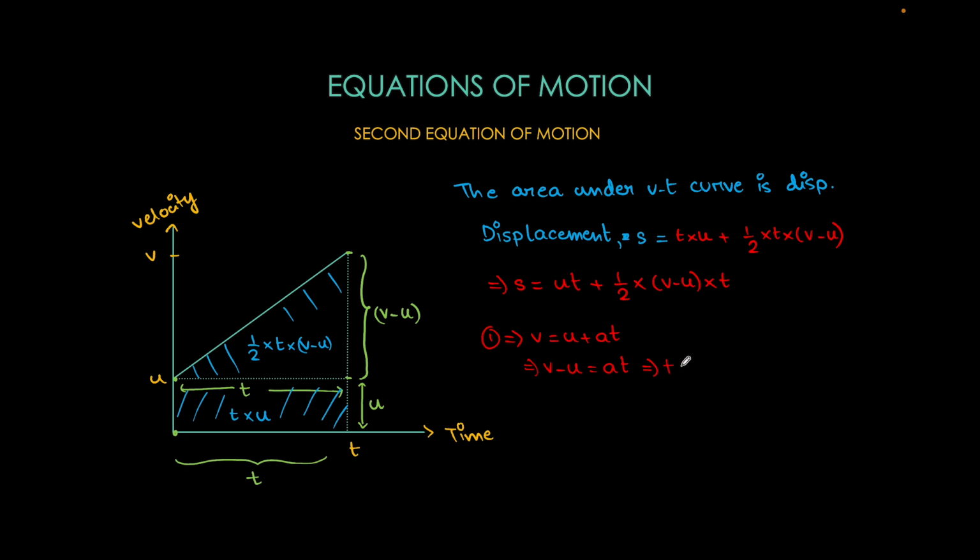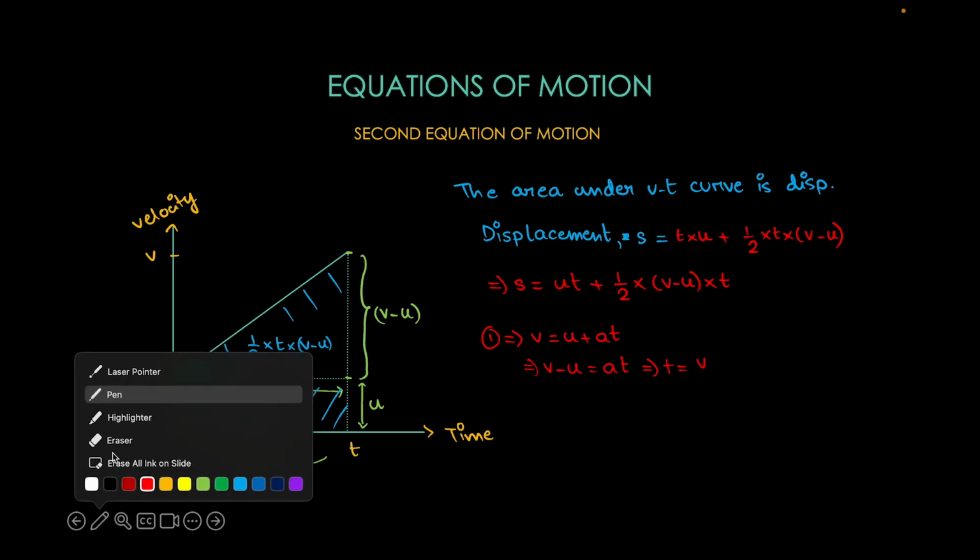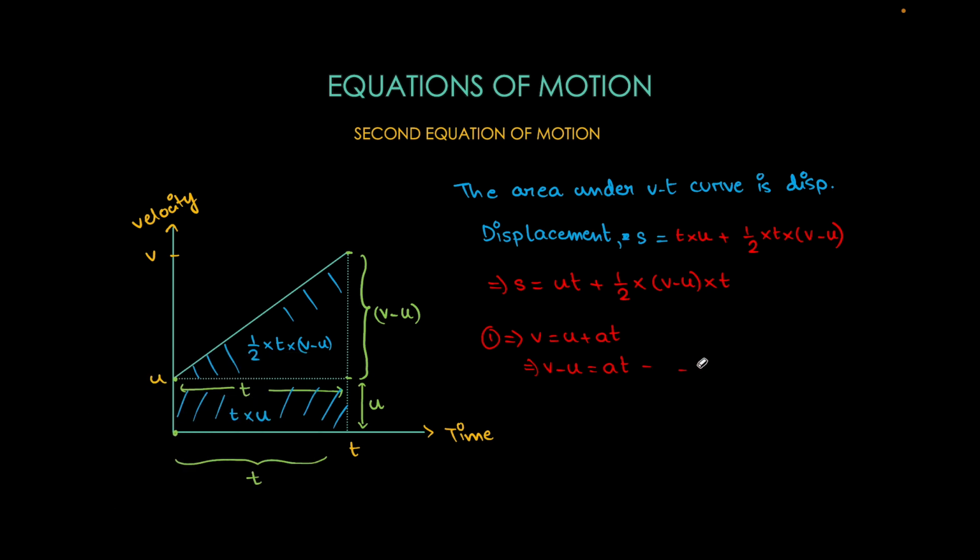We don't need to calculate T. Okay, let's just leave T for this bit. So what we found here is V minus U is equal to AT.